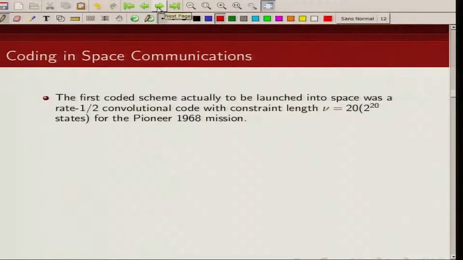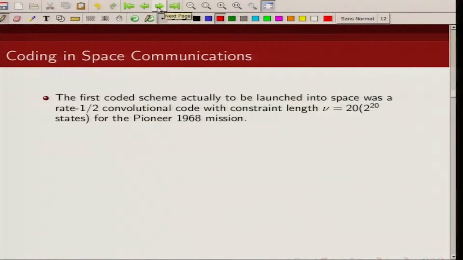And then finally around 1993 turbo codes were discovered and LDPC codes were rediscovered, and from the late 90s and early 2000s, people started proposing these codes for various standards, and they found applications in many communication standards. So that's a brief outline of how things have evolved over 50-60 years.